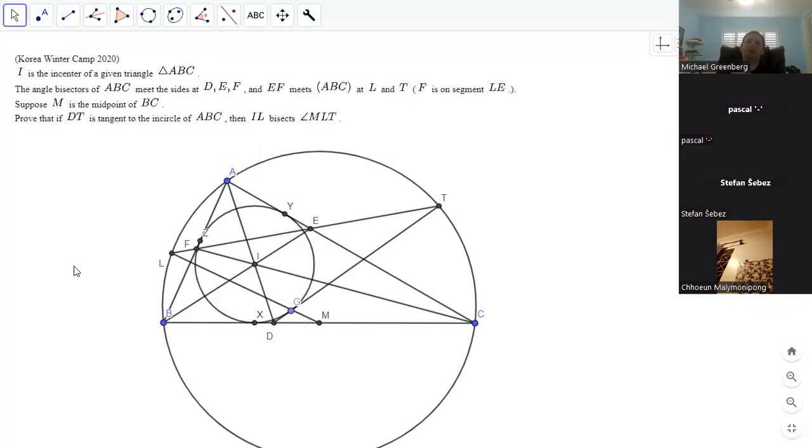So now I'm thinking about Poncelet's porism. How we could construct an exact figure of this diagram.